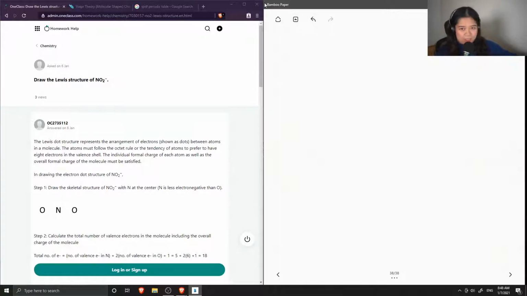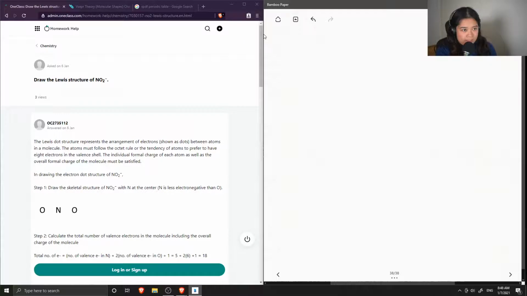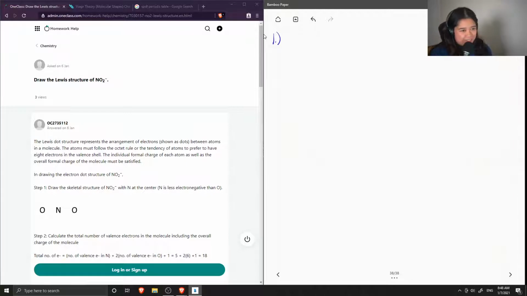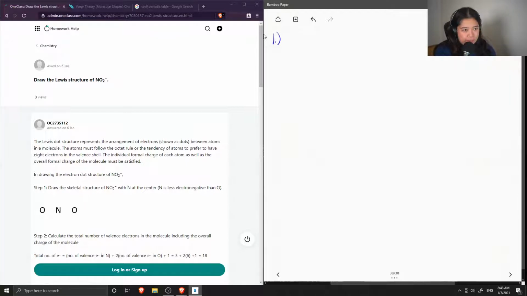Okay, sorry about that. My pen died, so I'm just charging it now. So, the Lewis structure of NO2 minus. When we write Lewis structures, we first have to find out the total number of valence electrons.